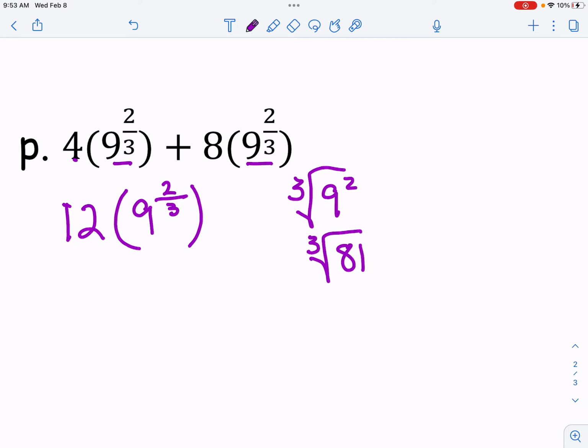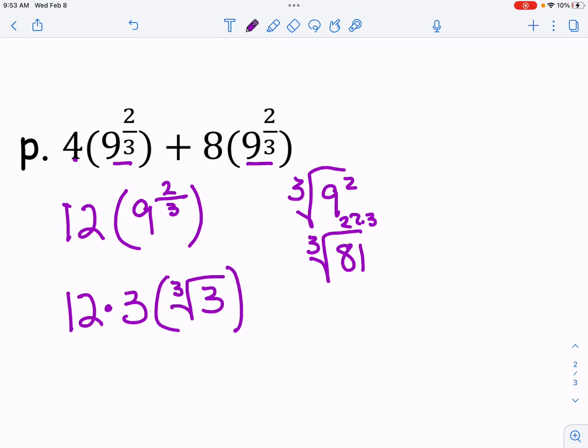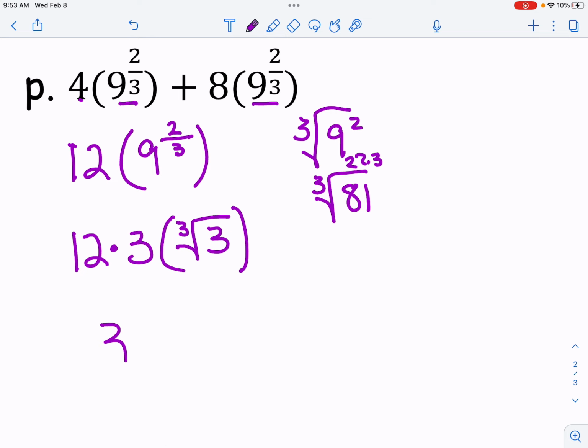And that would be 27 times 3. The cube root of 27 is 3. So a 3 comes out. A 3 stays under. So this is 36, 3 to the 1/3 power. All right, that's all.